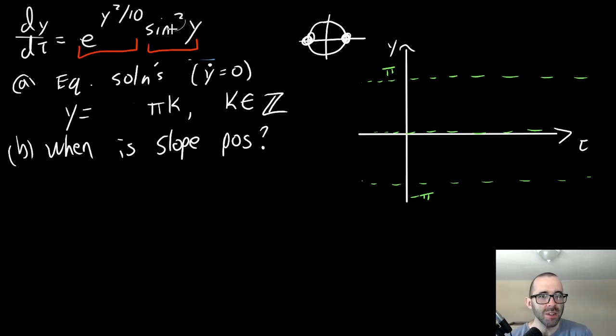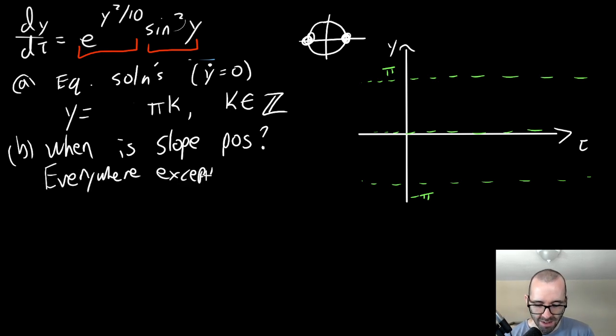This thing right here is always 0 or positive. So it's actually positive everywhere except when it's 0. So it's everywhere except when y equals pi k. Everywhere except these green lines, this function's increasing.